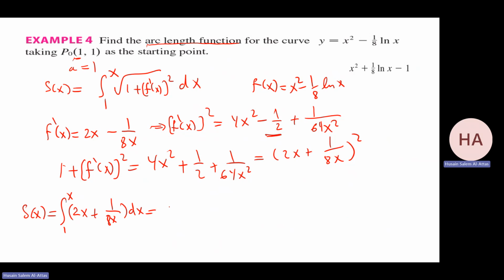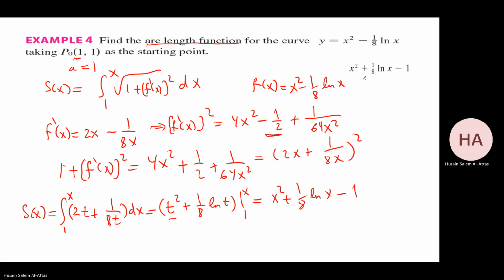That gives me, in terms of t, other variable, t squared plus 1 over 8 ln t from 1 to x. That gives me x squared plus 1 over 8 ln x minus, this is 1, ln 1 is 0, so it has to be minus 1, which is this.